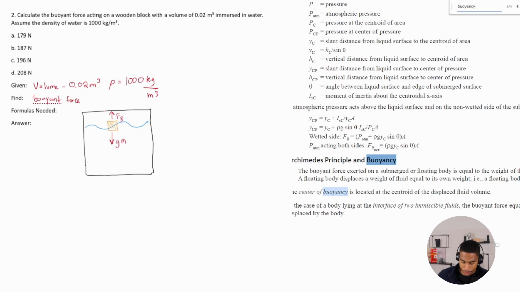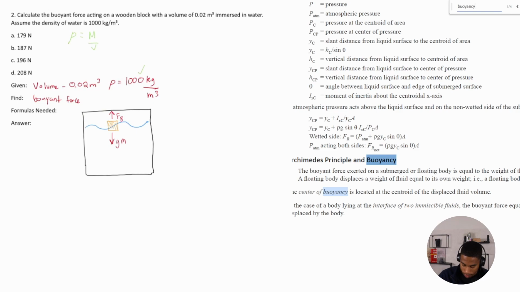So if we look at this, how do we get the weight of this wooden block, right? Well, if you didn't know, density is equal to mass divided by volume. Okay. We have our density right here.